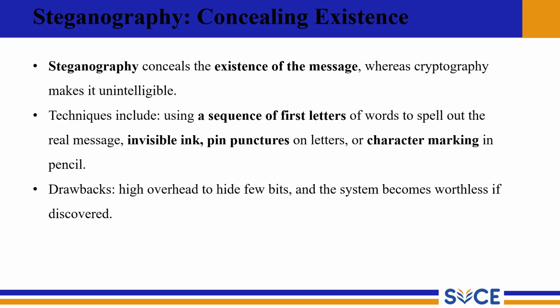An alternative to encryption is steganography, which attempts to conceal the existence of the message rather than just making it unintelligible. Historical techniques include invisible ink, pin punctures on selected letters, or character marking in pencil.